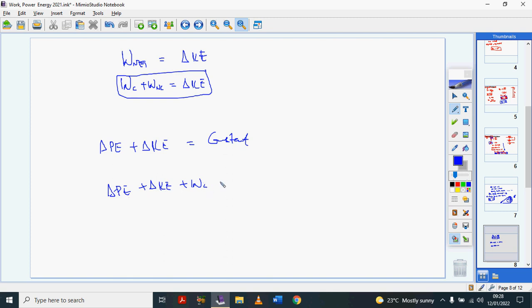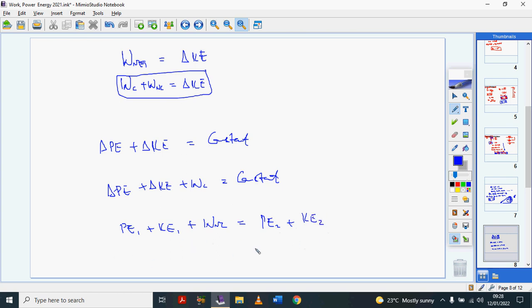Practically, it looks like this: initial potential energy plus initial kinetic energy plus work done by non-conservative forces is equal to the final potential energy plus the final kinetic energy.